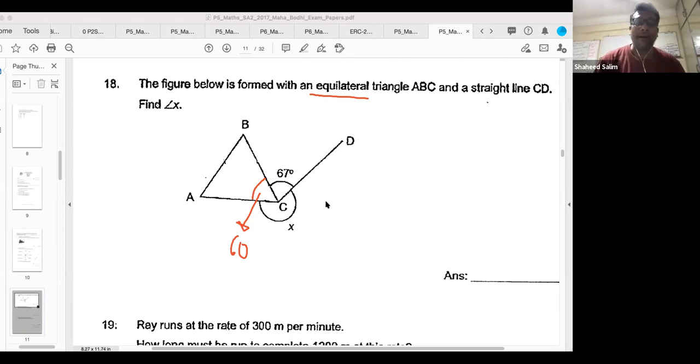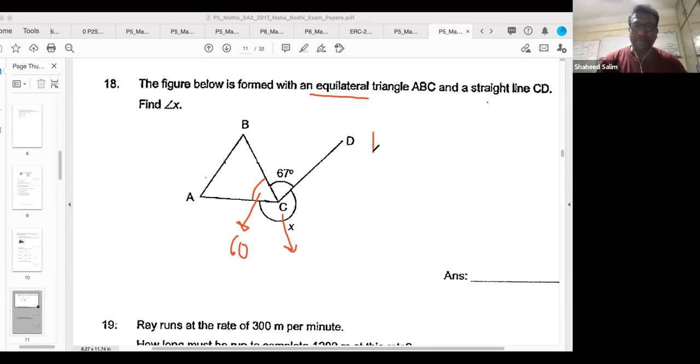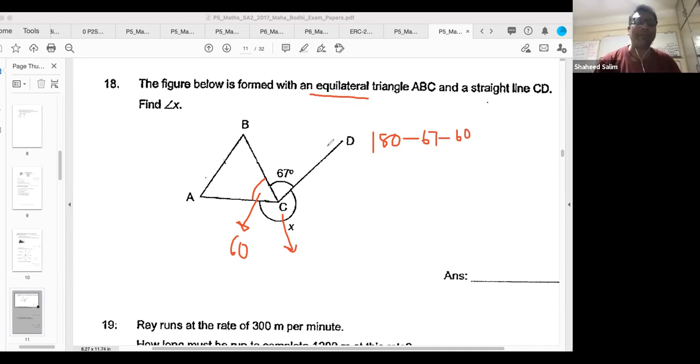So now, okay, now, Mr. Putra, how do you get your answer now from here? If this is 60, this is 67, how to do that? This one you take, right? Take 180, 180, 67. Minus. Okay, wait. 360. Why 360? I thought 180. Why 360? Can you explain? Please explain why 360.